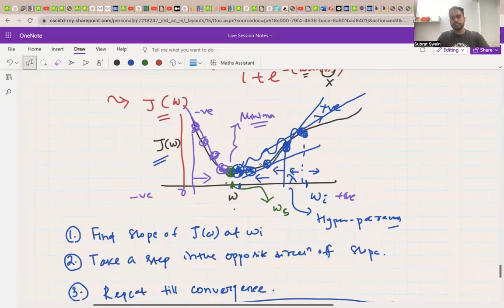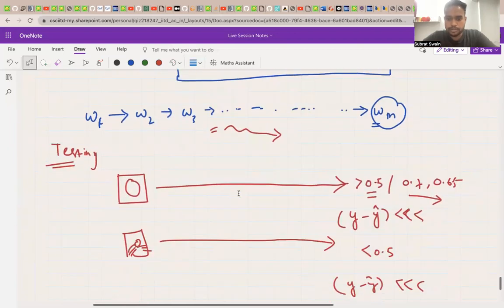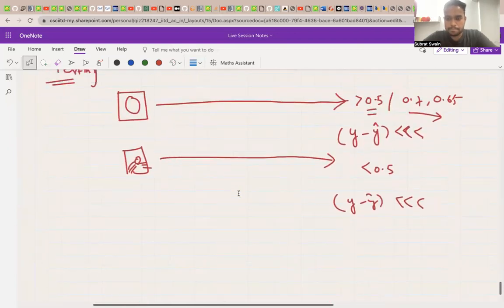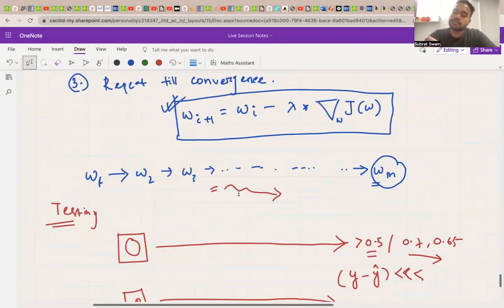Is this thing clear? Let me know in the chat. This is the most important thing. If this is clear, everything else will be clear from this point on. Sumit said yes. Everyone else do the same.